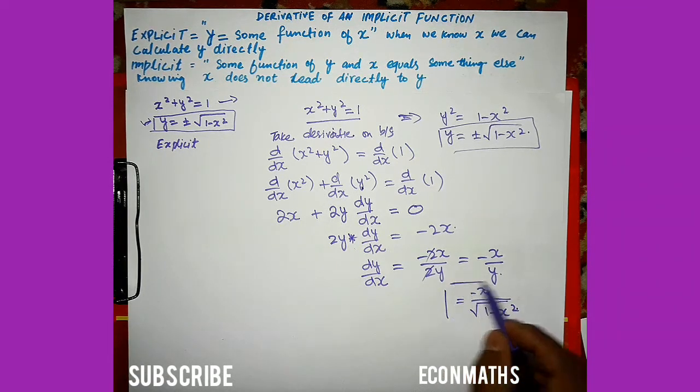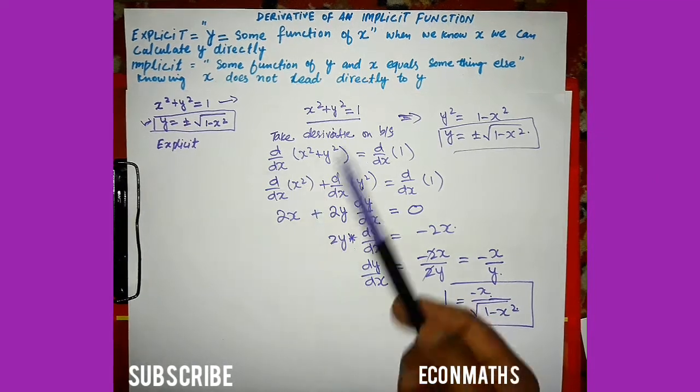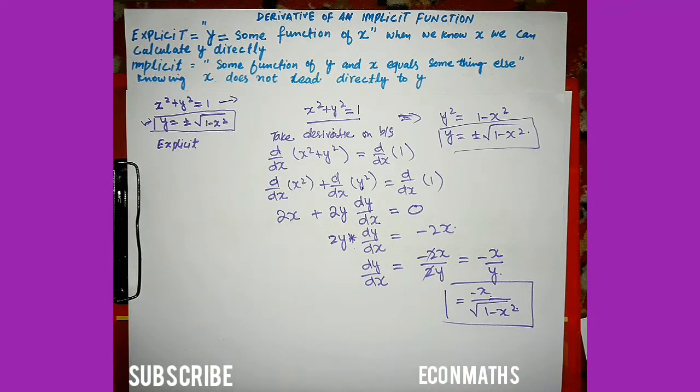So this is how we differentiate an implicit function, where we don't know explicitly that y is a function of x, because it is not explicitly given here. That is why we are using the implicit function here.